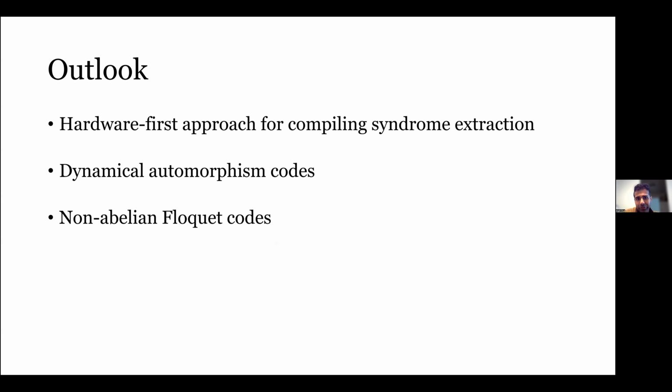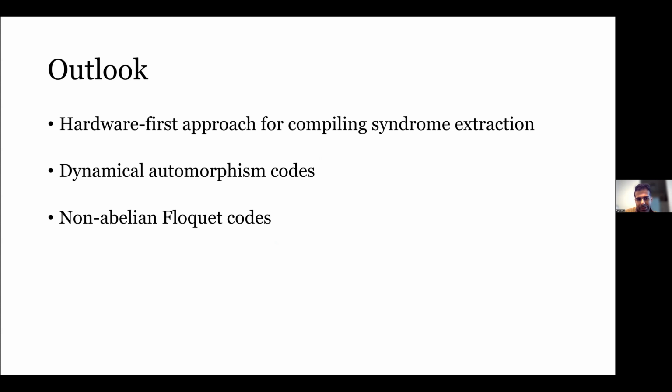So in that sense, you can try to look for more codes with interesting non-trivial logical automorphisms as you perform syndrome extraction, and come up with a family of these so-called dynamical automorphism codes where you try to do several gates during the syndrome extraction process. Lastly, the work that we presented today was for Pauli stabilizer codes.